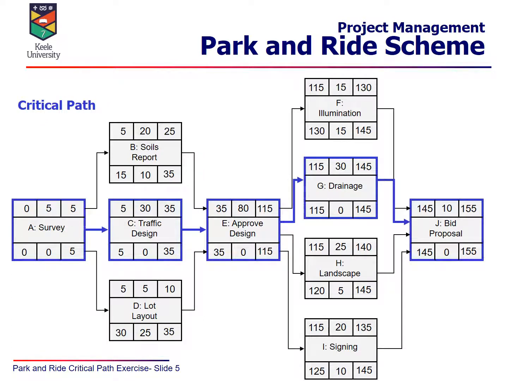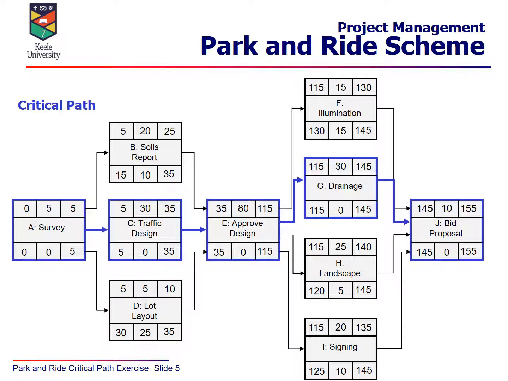So this next slide identifies the critical path, and the critical path is where there is no flexibility, where there's no slack, where there's no float, as it's sometimes called. In other words, along this path A, C, E, G, J, that's where all the activities need to start and finish on time. Any delay on the critical path will put the project behind.